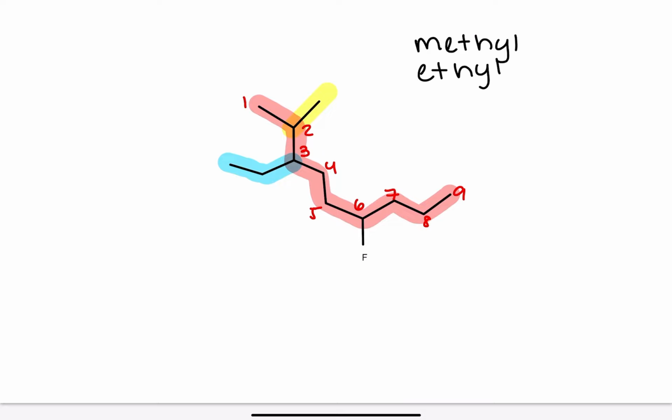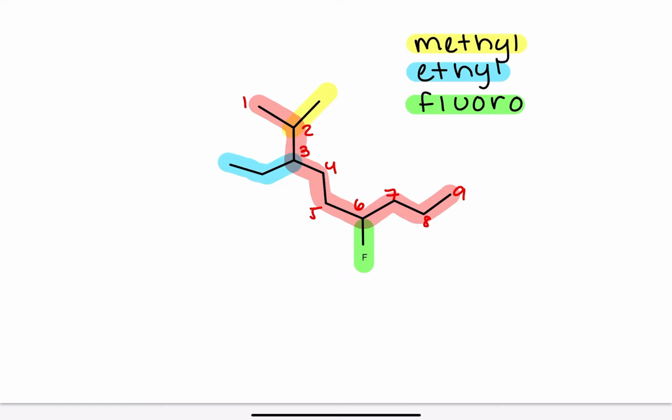Finally, on carbon 6, we have an F, which represents a fluorine atom, and in nomenclature is written as fluoro. To review, we have a methyl substituent, an ethyl substituent, and a fluoro substituent.